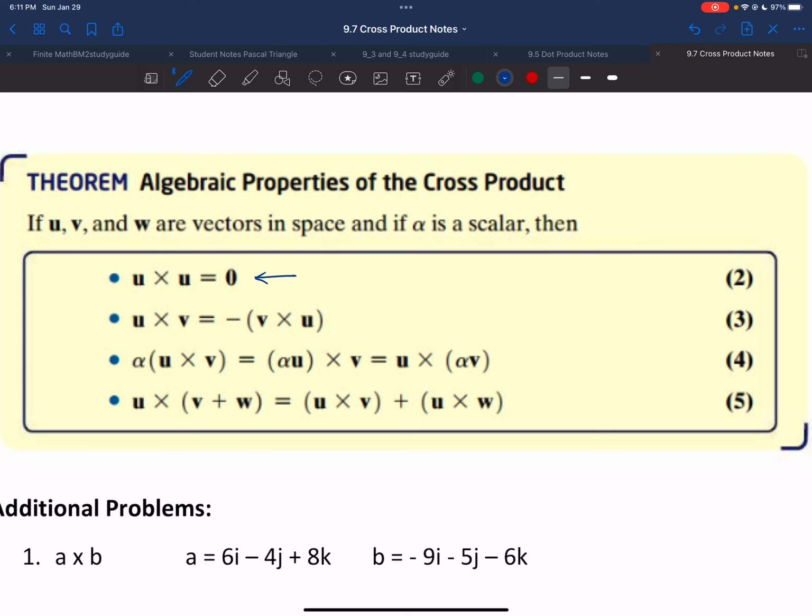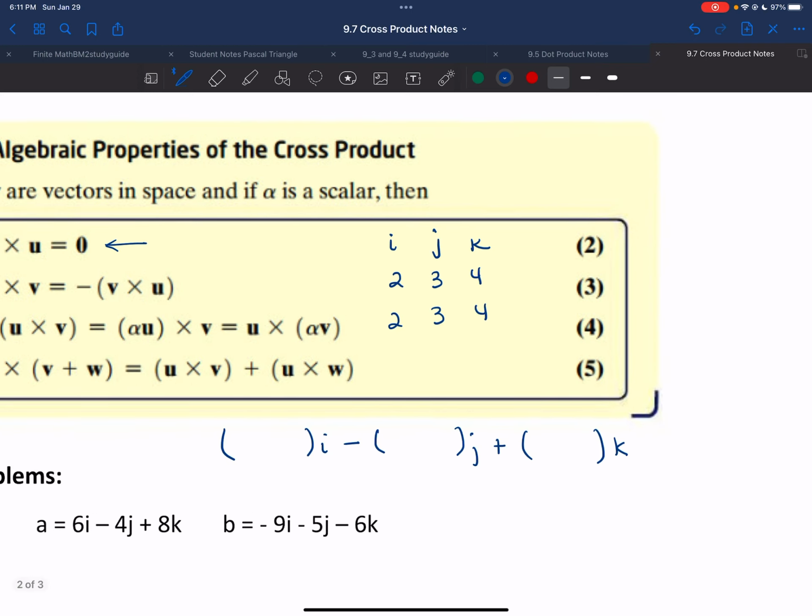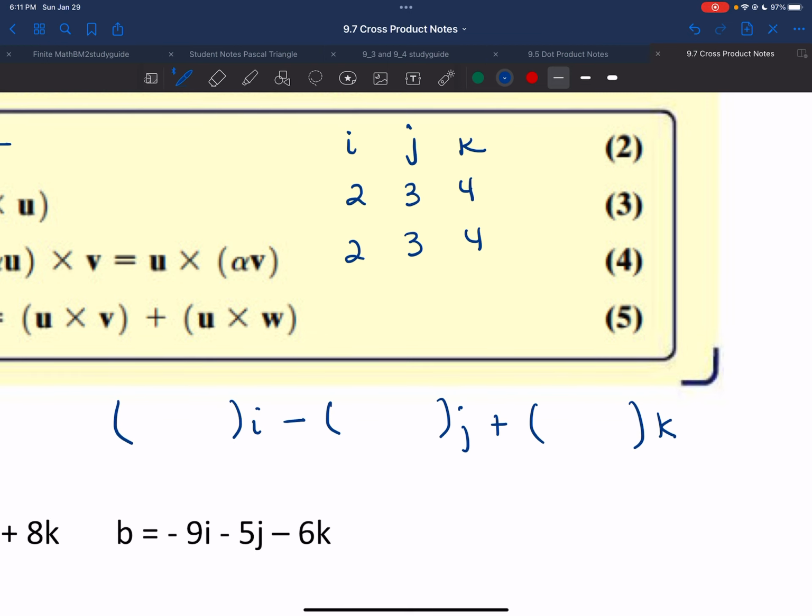So let's say I have i, j, and k, and I have 2, 3, 4, and 2, 3, 4, right? So I would put together my j and my k. So let's work this out here. So 3 times 4 is 12 minus 3 times 4, which is 12. And then I have 2 times 4, which is 8, minus 2 times 4, which is 8.